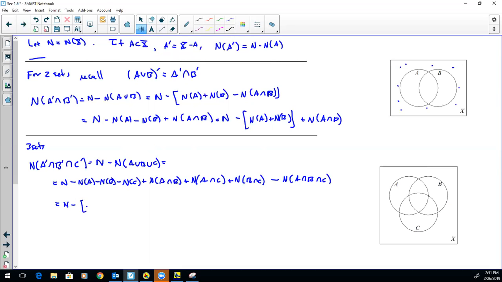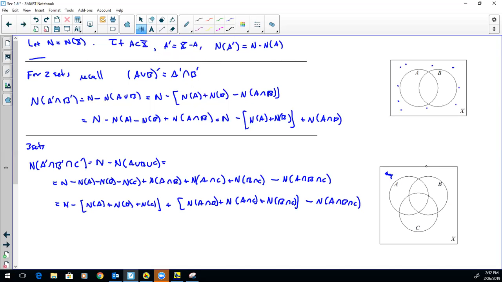N minus, okay, these are all the singleton type sets, plus the ones that are the intersection of 2 sets, minus the ones that are the intersection of 3 sets. Okay. So what we're finding here is how many are on the absolute outside.